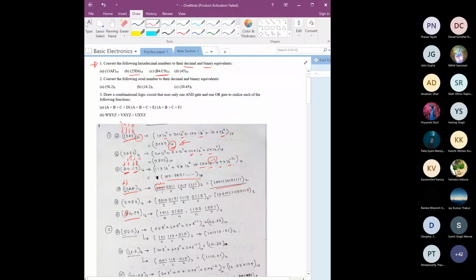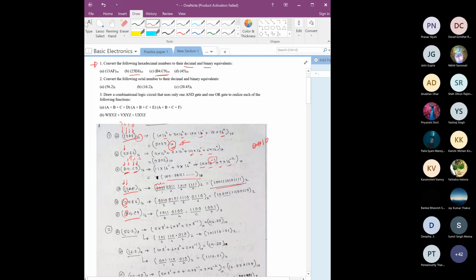The only thing you have to remember is that even when there are leading zeros, you have to write all 4 digits. For example, here 2 is there, so for 2 you have to write all 4 bits, which will be 0010. Here the 00 does not mean anything by itself, but you still have to write it. So for one digit, you have to write 4 bits in binary.